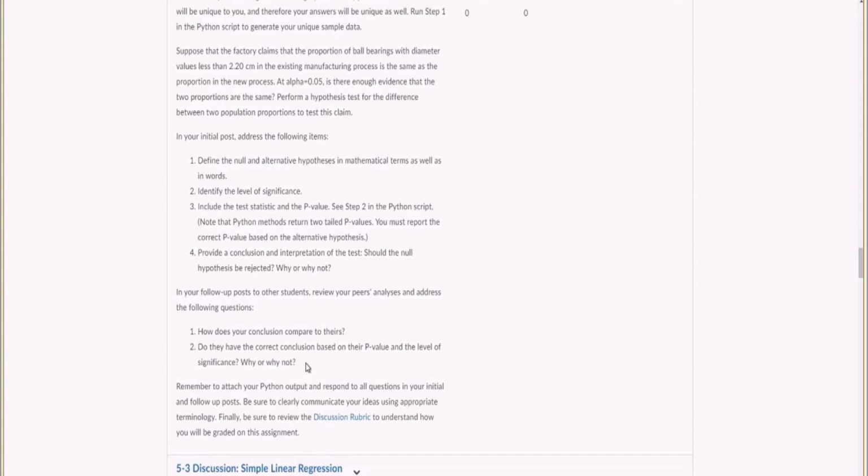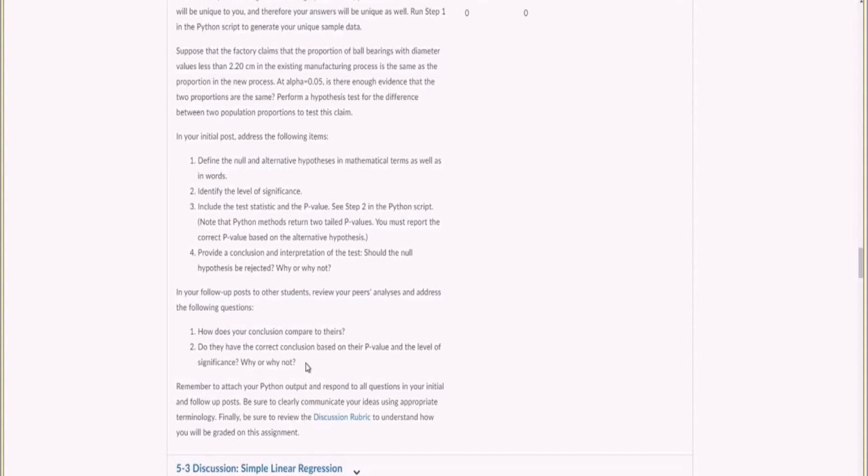So let's look at the first step. You need to write in a statistical format the null hypothesis, that is H sub 0, and the alternative hypothesis. In this case, the null hypothesis is that the p hat for process 1 will be equal to the p hat for process 2, because we're saying that the two processes are the same.